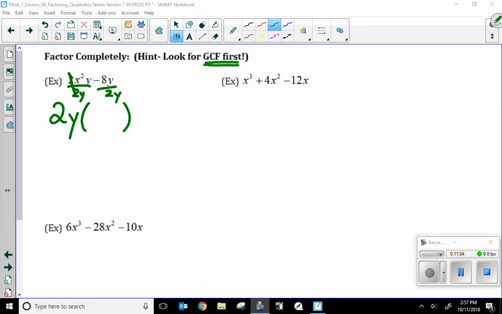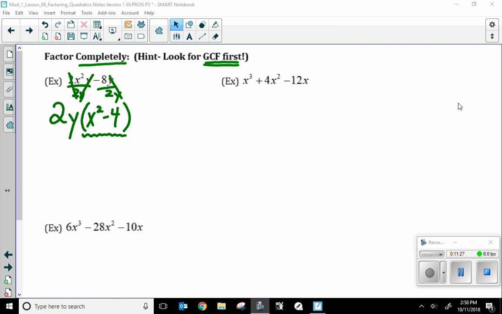So my 2 cancels, my y cancels, and I have x squared. My y's cancel, minus 8 divided by 2 is 4. That is not factored completely. It's factored, but not completely. How come? Because this can be factored one more time.